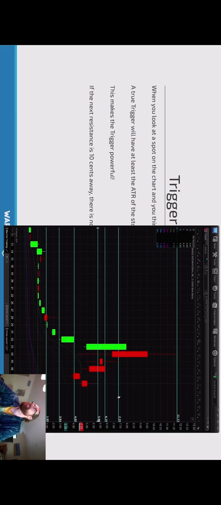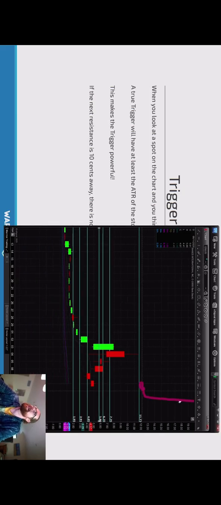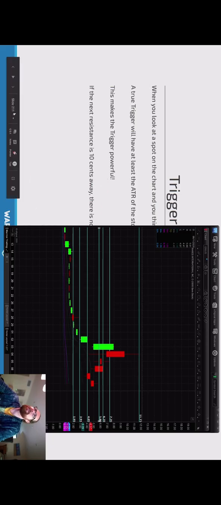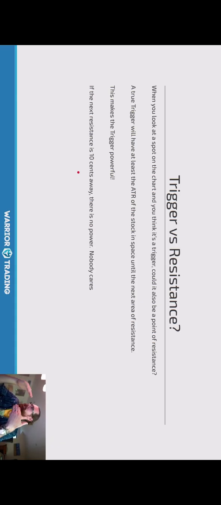The top or bottom of a window can be both resistance or a trigger for the next move higher. I would generally say that if the next level is very close, then it is probably just going to be resistance and not really considered a big trigger.